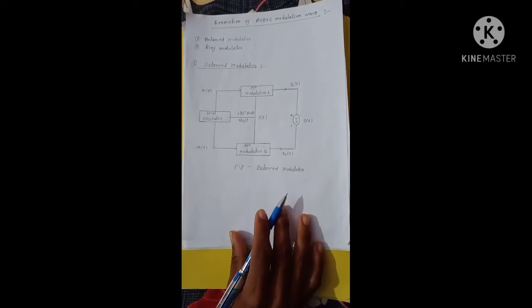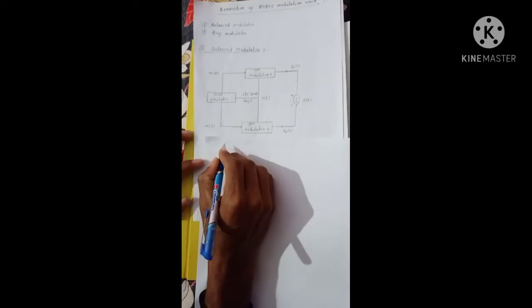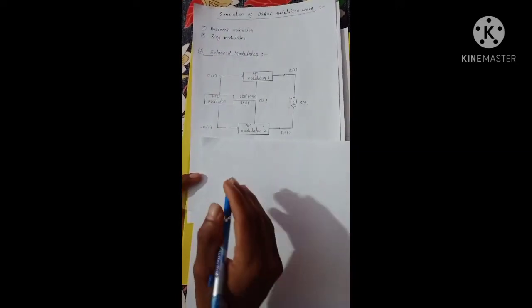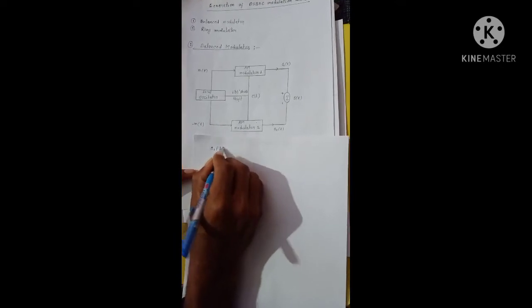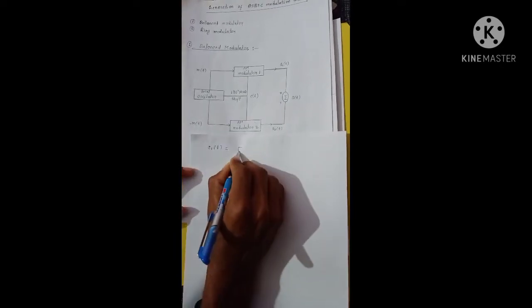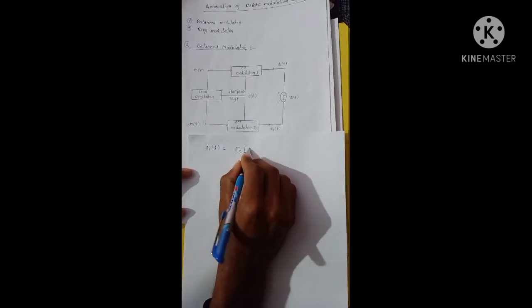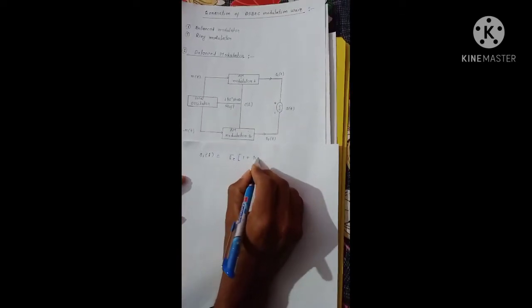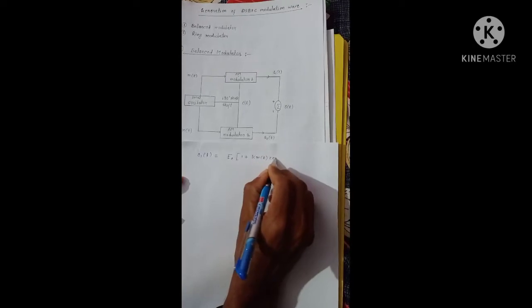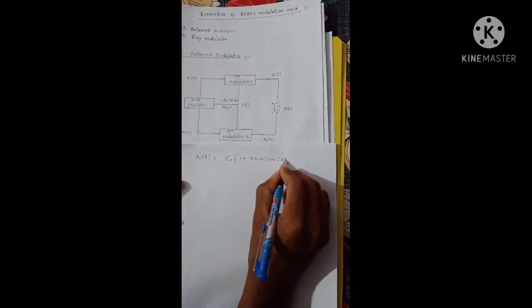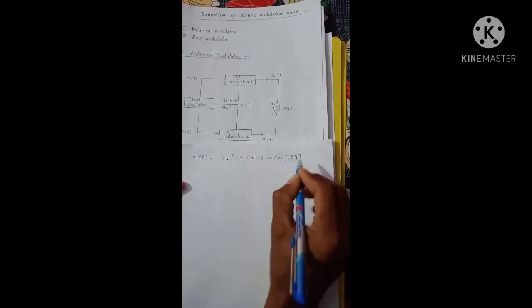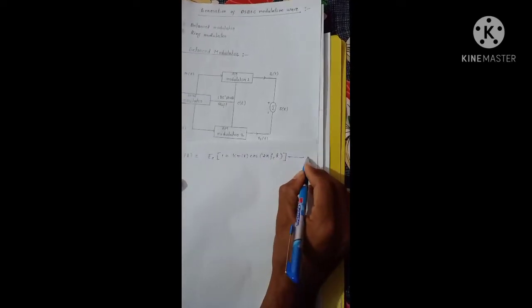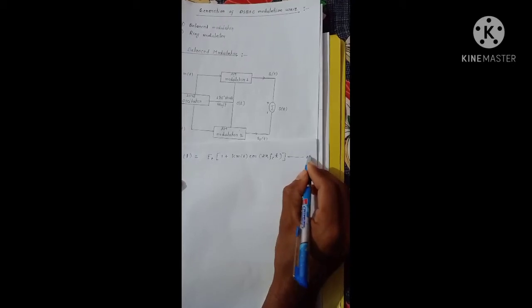Hence the output of the upper modulator is S1(t) is equal to EC into 1 plus K m(t) cos 2 pi fc t. Let this be equation 6.